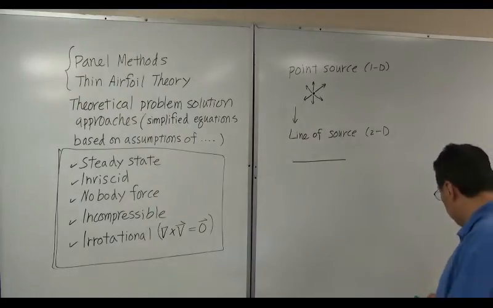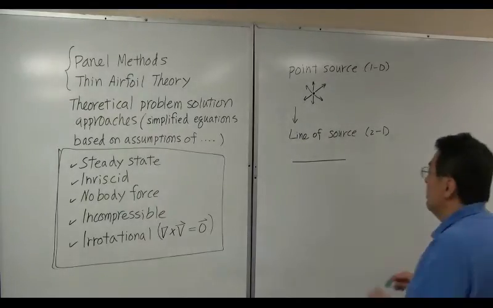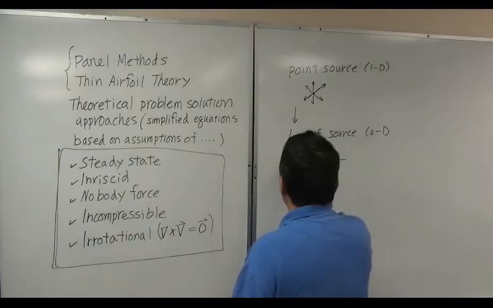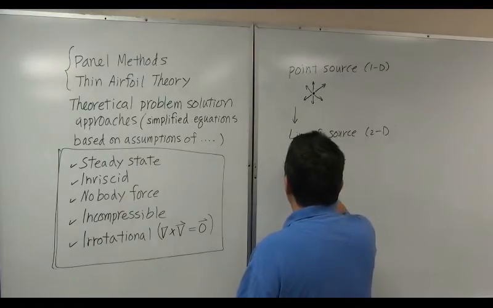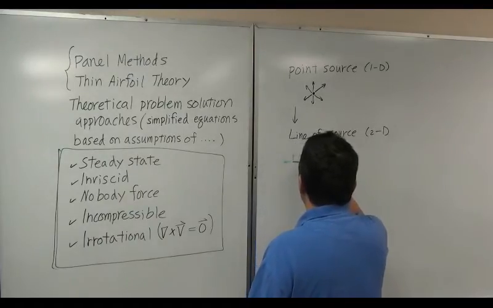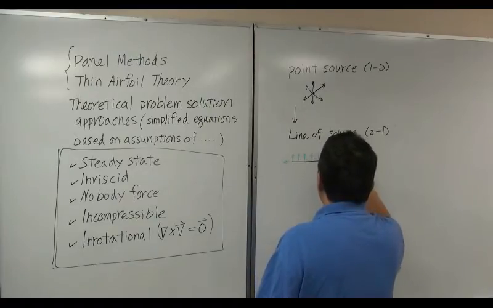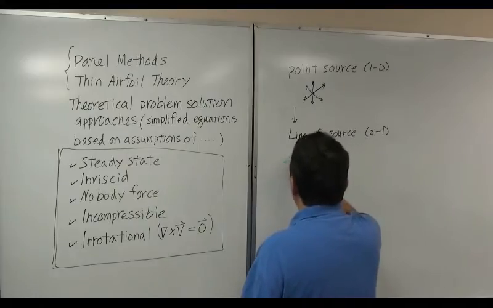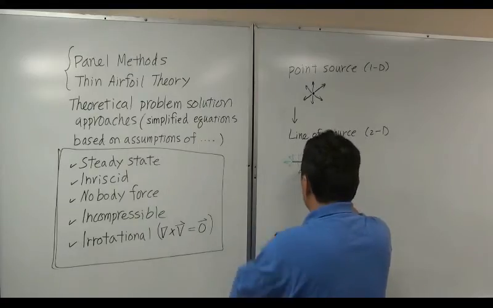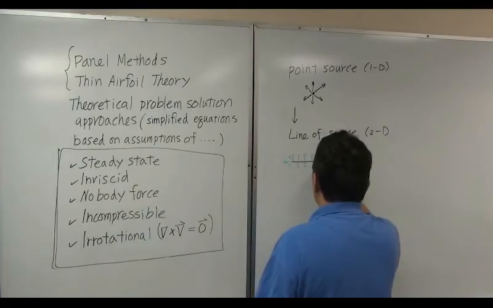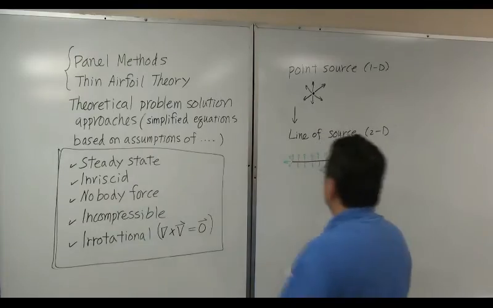So this is a line of source. Since this line is made up of point sources in a series, of course this is going to create the velocity or flow field just like this.